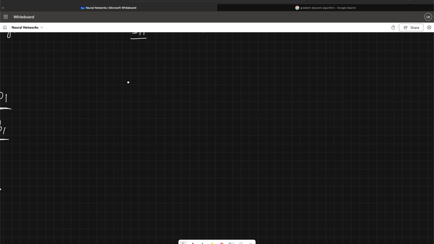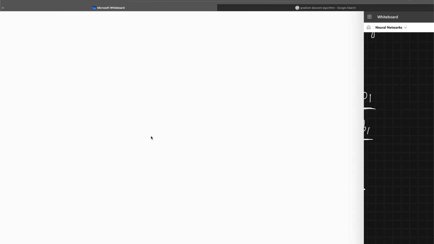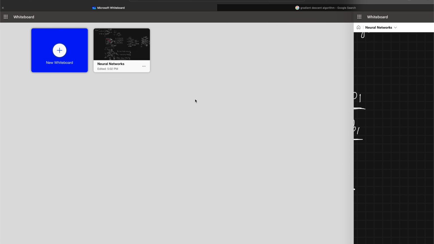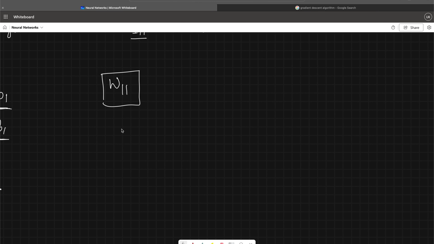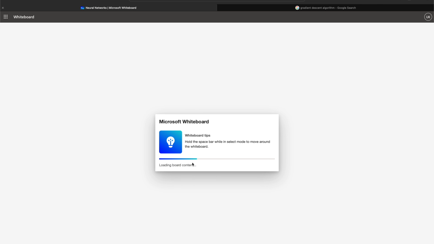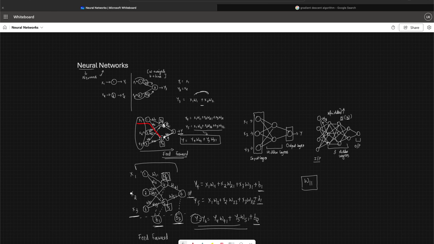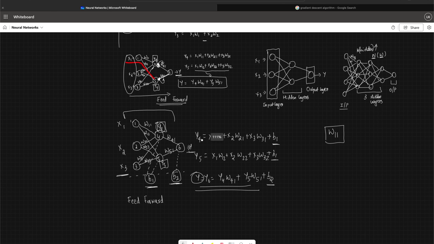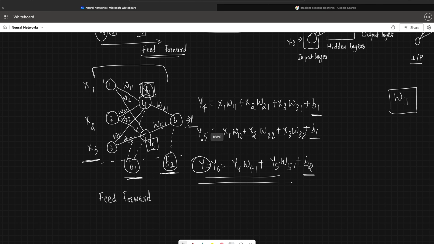So we'll just see what it actually means. Now, using the same neural network which we saw just a while ago, assume W11 is our weight of interest. We want to see how this changes.